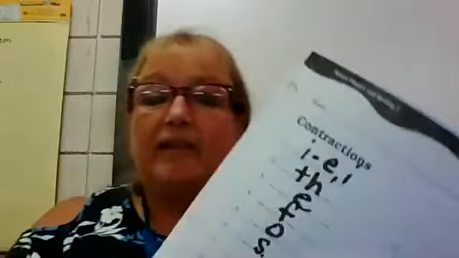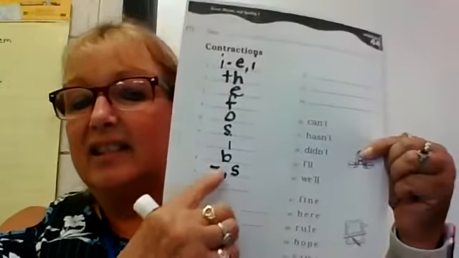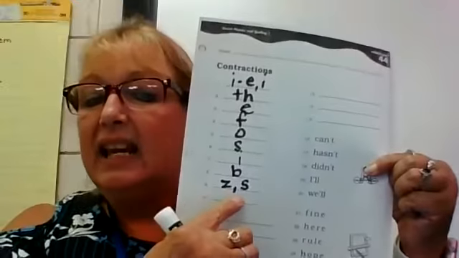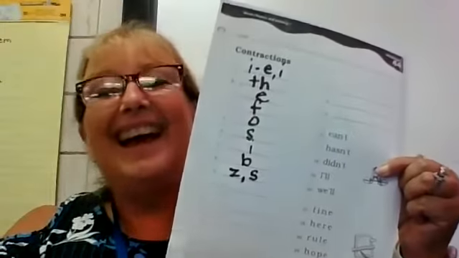Number 8, like balloon. Number 9 is like zebra, but we also put an S because S with a voice line gives us that Z sound, so it should be Z, comma, S. I knew I couldn't trick you. Number 10, like apple. Very good.